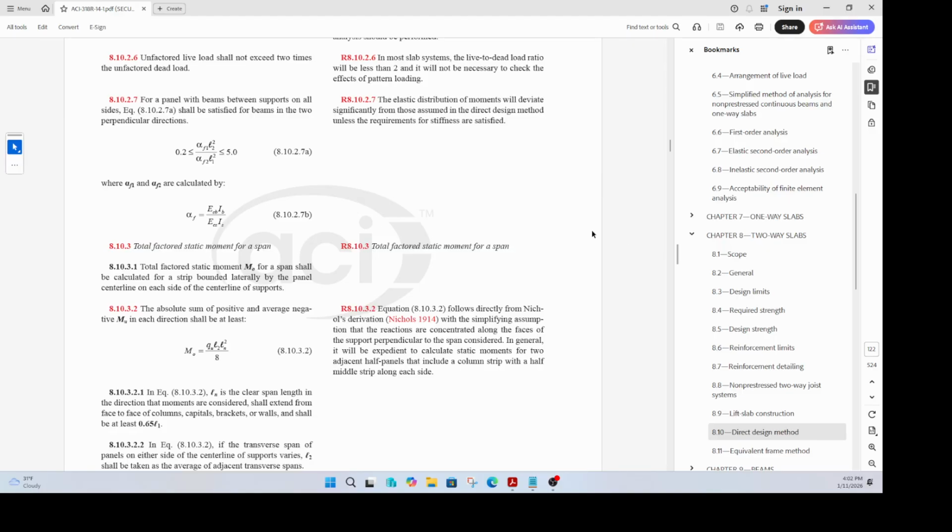In other words, you take the fixed beam like that, and you add up your WL square by 12 and your WL square by 24, then you will get WL square by 8.